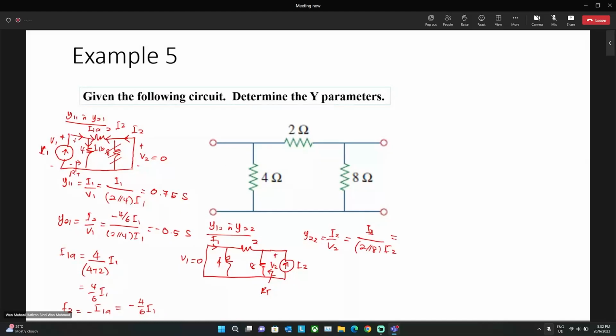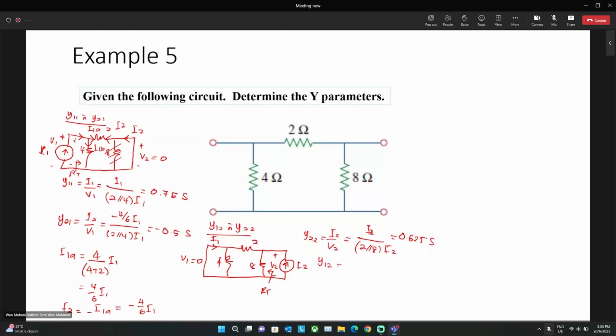I2 can be cancel out. So 2 parallel dengan 8 dapat 1.6. And dia kena 1 per lah, reciprocal kan dia kan. So dapat 0.625 Siemens. Okay, ini jawapan untuk Y22.